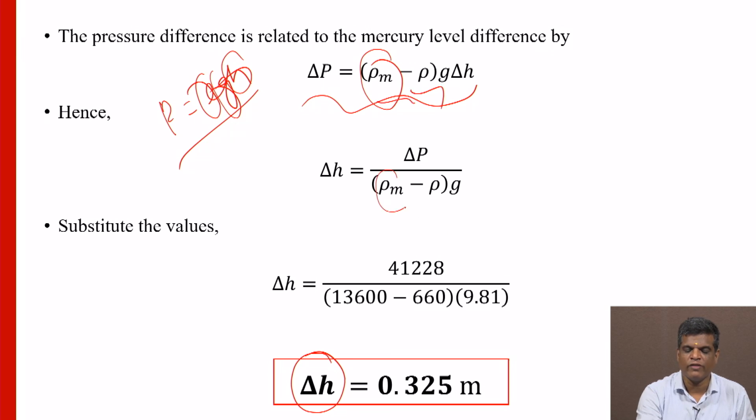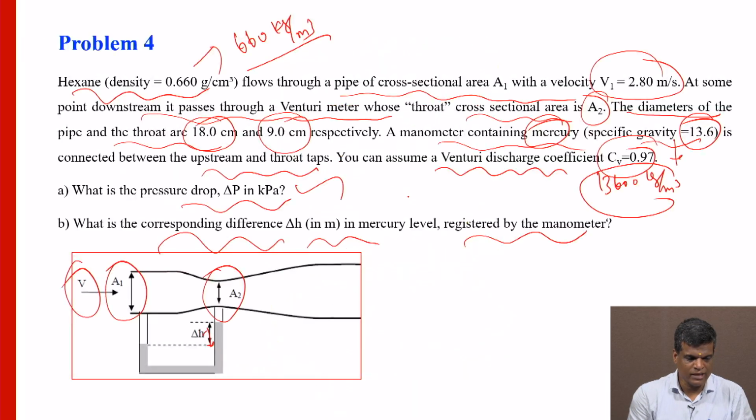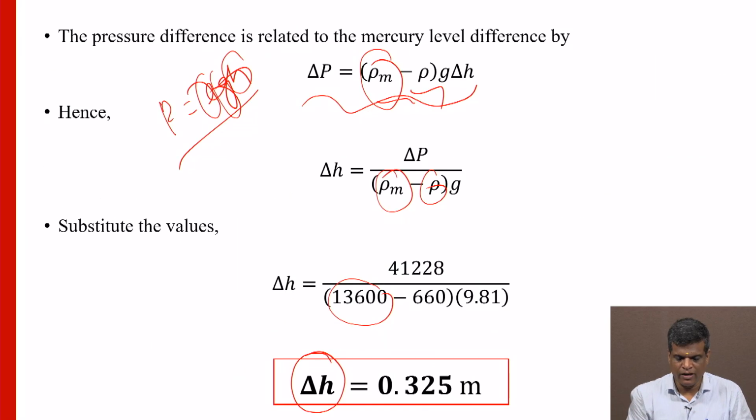The density of mercury we know is 13.6, and the density of hexane was discussed in the problem. There are two types of fluids, one is mercury, the other is hexane. From the difference between mercury and hexane, we get delta H, the head, 0.325 meter.